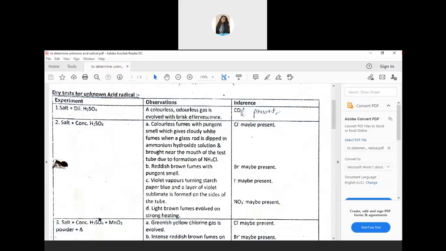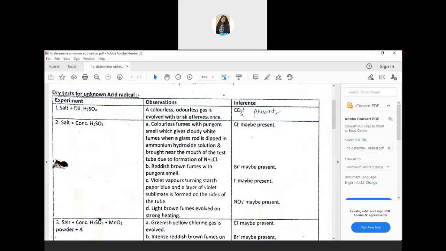When you add the dilute H2SO4 to the salt, the observation may be a colorless, odorless gas coming out of the test tube.